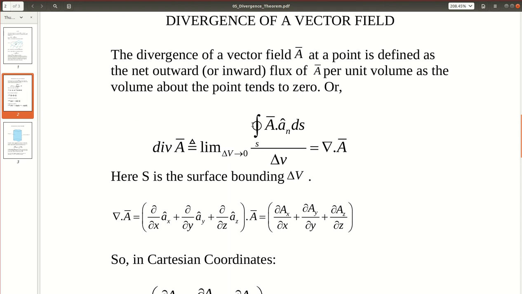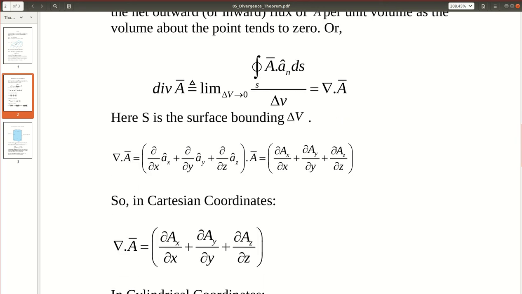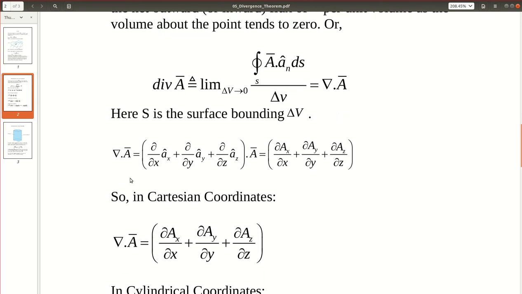So we take the limit as dv goes to zero, of the integration of the flux over dv, and this is the divergence, del dot A. This is the flux. So we name this operator divergence.